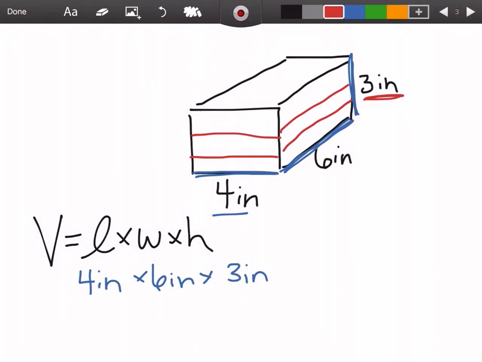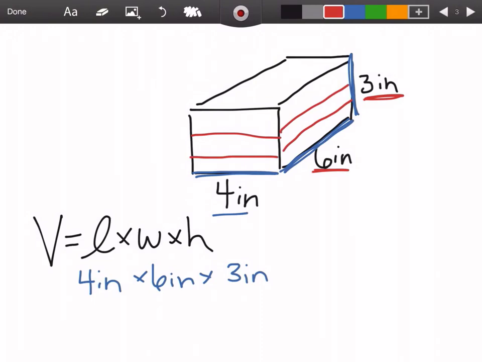And what you're doing first, if you remember finding area when you were in 4th grade or 3rd grade, your area is your length times your width. So you're really finding the area of one layer and then multiplying that by how many layers you have. So finding the area of my bottom layer would be 4 times 6, and then I'm multiplying that by 3 because I have 3 layers tall.